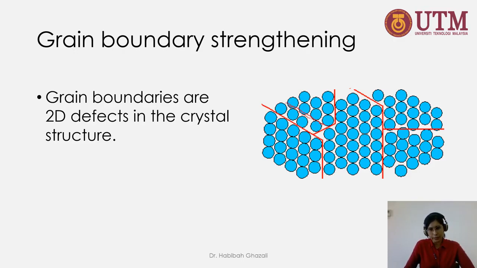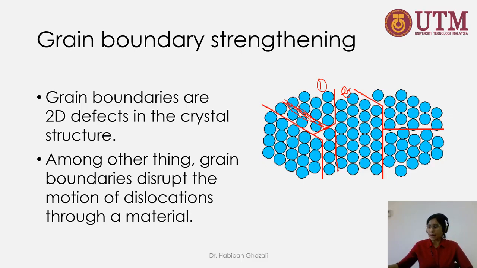And for this grain here, we have this as a slip plane. The dislocation will move through this plane here and here as well. Because of the different orientation between grain 1 and grain 2, dislocation cannot simply jump when it reaches the grain boundary. So among other things, the grain boundary disrupts the motion of dislocation through the material.